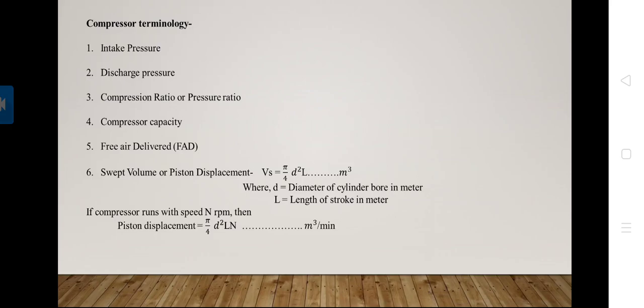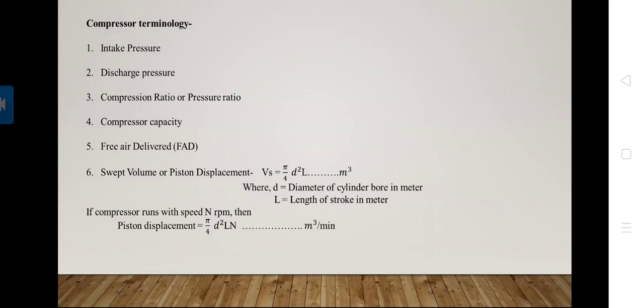Next is the swept volume or piston displacement. It is the actual volume of air taken in during the suction stroke, expressed in meter cube. When swept volume is expressed in meter cube per minute, it is also called piston displacement.